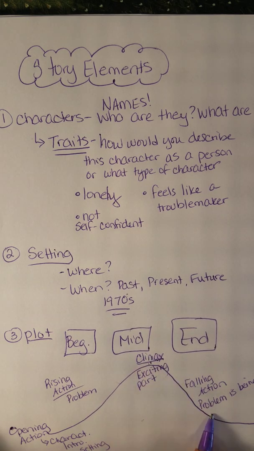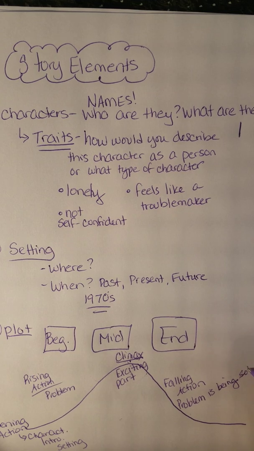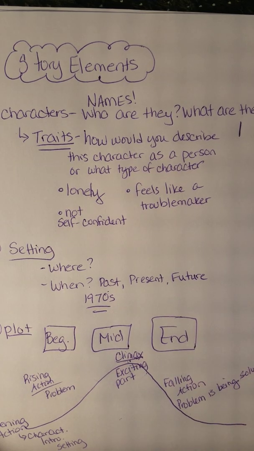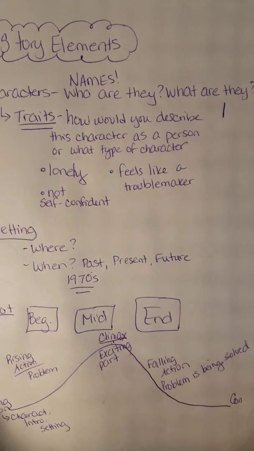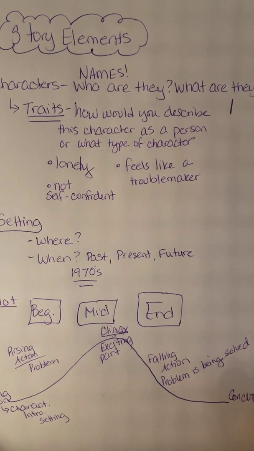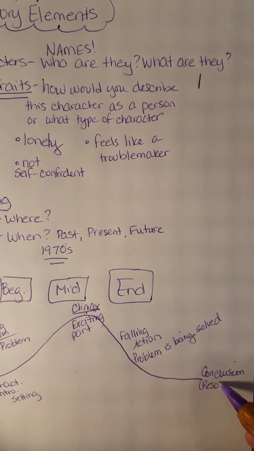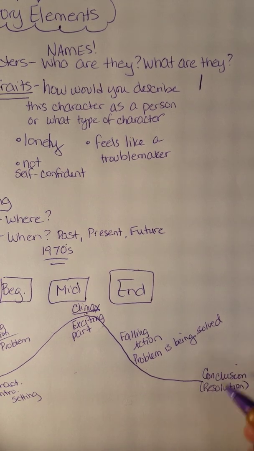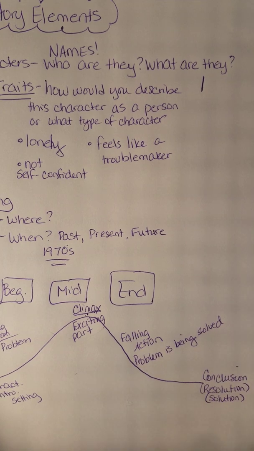Then this falling action is as this problem is being solved. And then you have at the end, you have what they call the conclusion. And that is also known as the resolution or solution to the story. It's got all sorts of synonyms for it. And this is ultimately how the story is resolved.